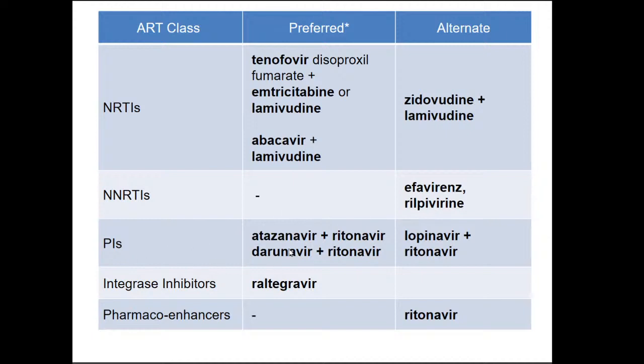Protease inhibitors, atazanavir plus ritonavir, darunavir plus ritonavir, are very often utilized for HIV treatment, and those boosters, we call them pharmacoenhancers, like ritonavir, we usually join to the schema of treatment of such patients.